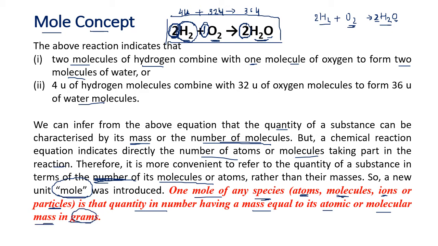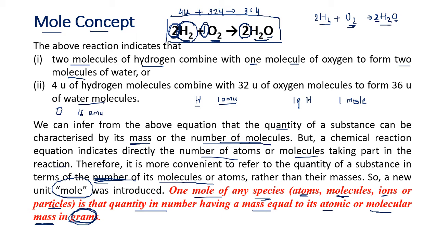Okay. Let us try to understand. Hydrogen has got atomic mass 1 AMU. So when you take this molecular mass or atomic mass in grams, you will get a mole. Means if I take 1 gram of hydrogen, it will have 1 mole of atoms. What is the atomic mass of oxygen? 16 AMU.